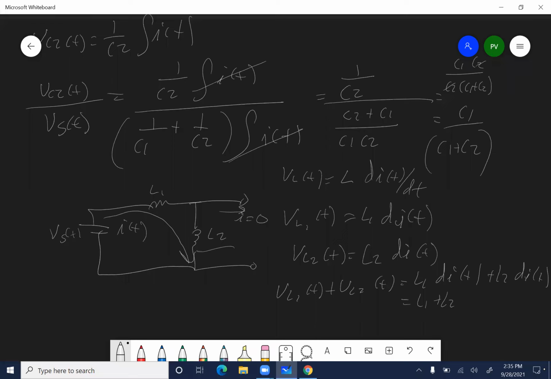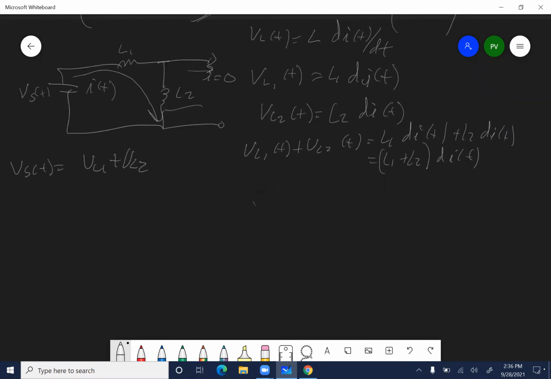So L1 plus L2 times the derivative of i of t is going to be equal to the sum of those voltages. But KVL tells us that Vs of t is equal to VL1 plus VL2. So Vs is equal to L1 plus L2 times the derivative of the current through the inductors.